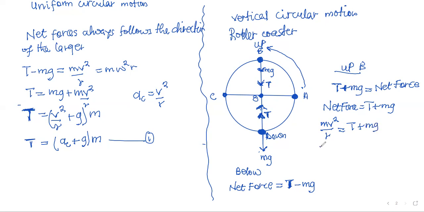Let's make T the subject. T therefore would be mv squared over r minus mg. Taking m out, we have m times v squared over r minus g. In other words, this is m times (a_c minus g).